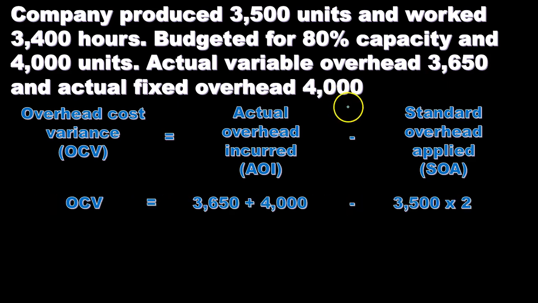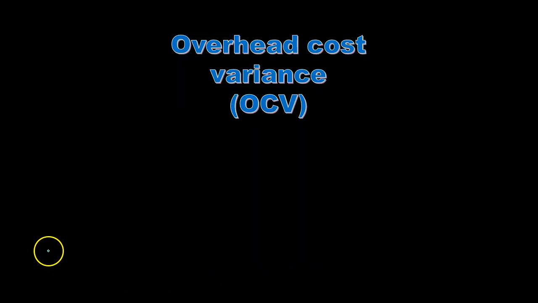And then we're going to subtract out the standard overhead applied, that being the 3,500 times 2, which was our activity base at the 80% level. And that's going to mean that the overhead cost variance, OCV, is equal to 650. So we added these two up, we multiplied these out, we subtracted them out, we got the 650. That's the overhead cost variance.